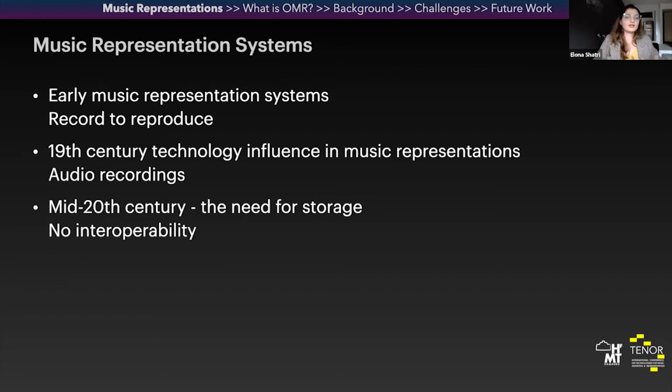At the end of the 19th century, there was some technology involved, which at that point meant recording the audio of music. But the data representation lacks structural information, which a written music score would be able to show. But on the other side, it did give a very detailed musical signal.